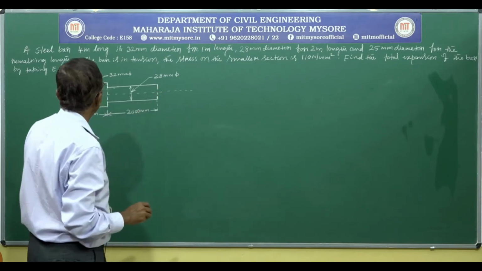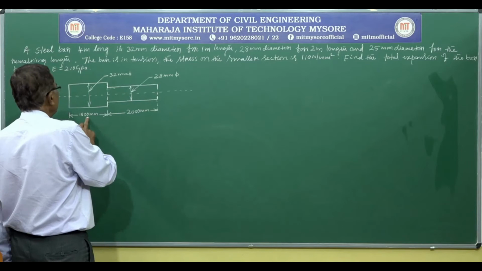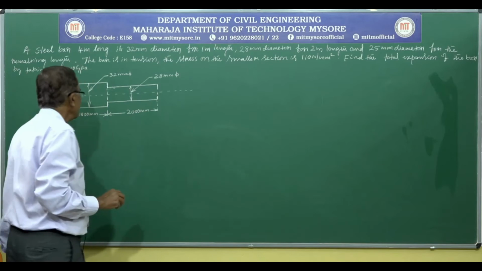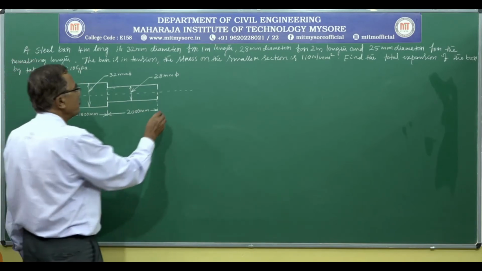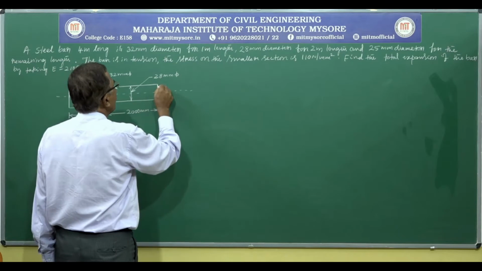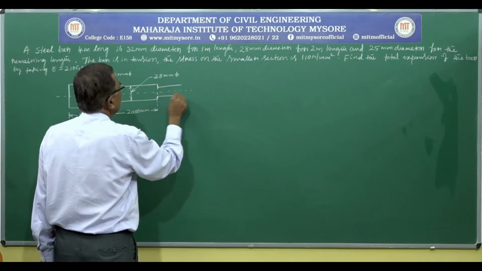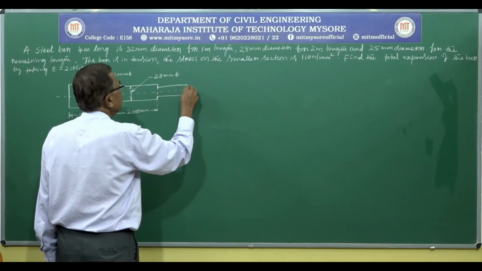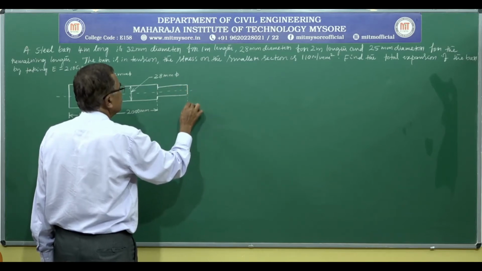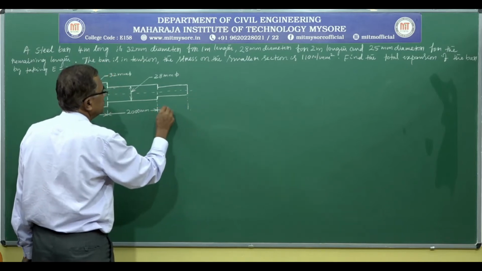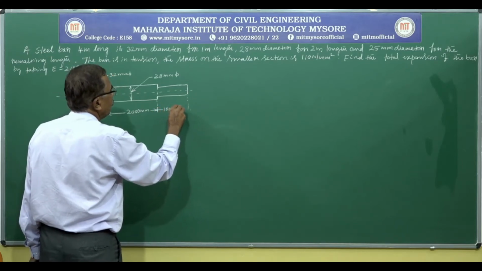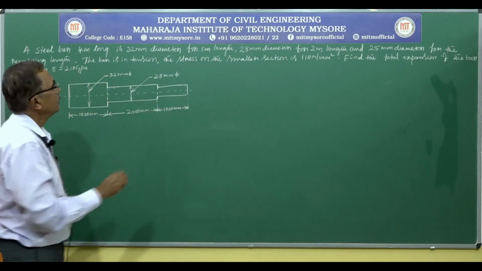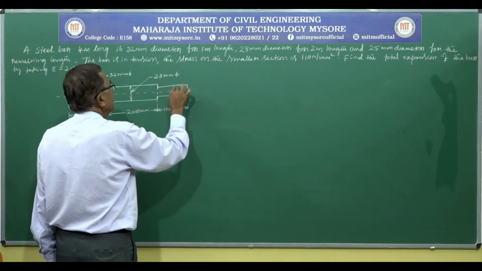So total length of the bar is 4 meter, out of which the first length is 1 meter and second length is 2 meter, means 2 plus 1, 3 meter. Remaining length is 1 meter. This diameter is 25 millimeter.